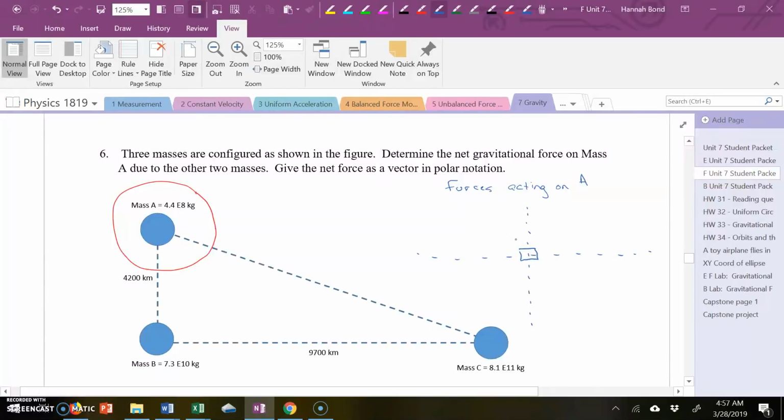Okay, remember that every 2 masses exert an attractive force of gravity on each other. So in other words, they try to pull each other closer together.